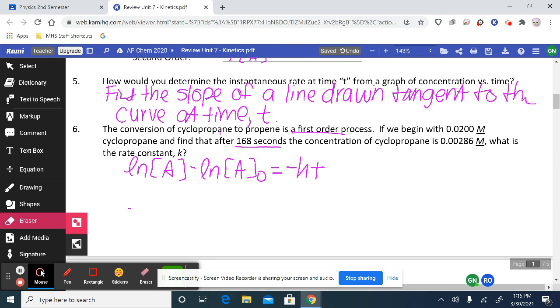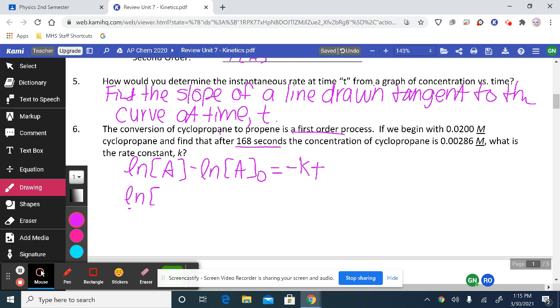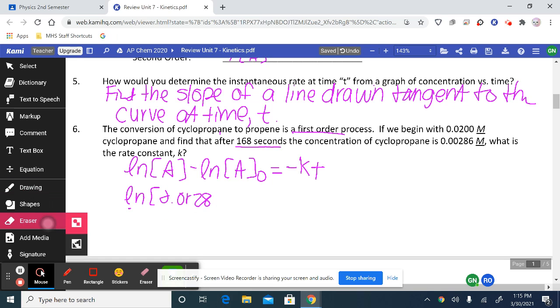Here we go. Okay, so our concentration of A, natural log of that, 0.00286.